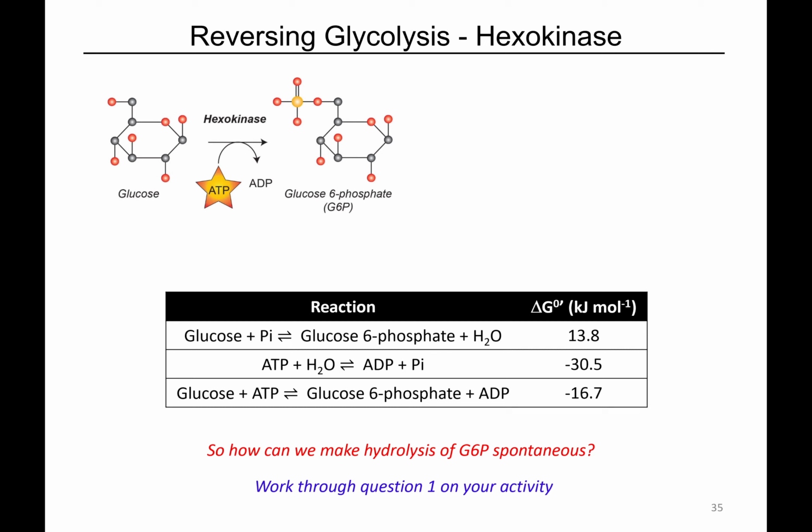And overall, when you couple them together, it's spontaneous. We need to be able to reverse this for gluconeogenesis. To make new glucose, we have to be able to convert glucose 6-phosphate to glucose. Same thing goes for phosphofructokinase. We have to be able to convert fructose 1,6-bisphosphate into fructose 6-phosphate. Think about those two reactions, question 1 of your activity, and see if you can propose a way that energetically we can make this work.